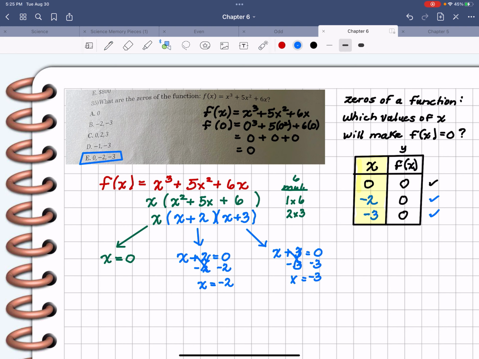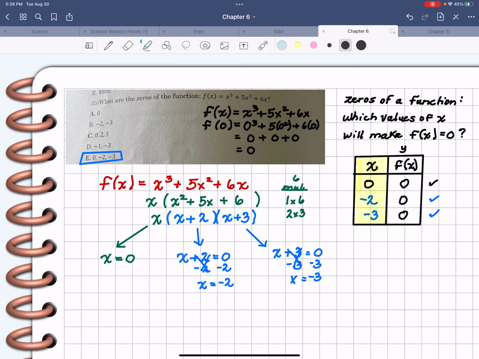And you had asked me a question specifically about that one, so let me make sure that I have answered that. Why is 0 included with the -2 and -3? That is because of this situation.